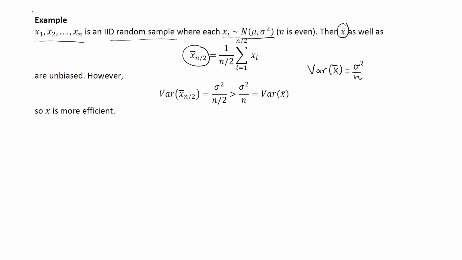Using the same method, we can also show that the variance of the second estimator, which uses only the first half of the sample, is sigma square over n half, which is the same as 2 times sigma square over n. So even though these are two unbiased estimators, we would always pick this one over this one because it has a lower variance. It is more efficient.